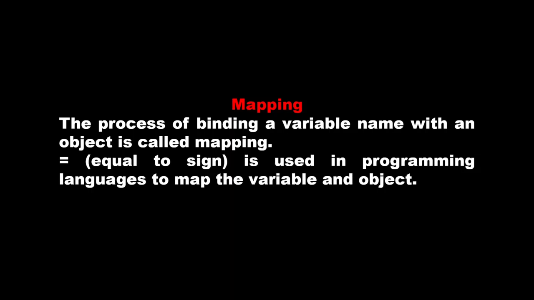A is the variable name and 5 is the object. So how do we bind it together? That is what is known as mapping. In order to map an object with the variable name, we use the equal to sign. In most programming languages, the equal to sign is used for mapping the variable and the object.